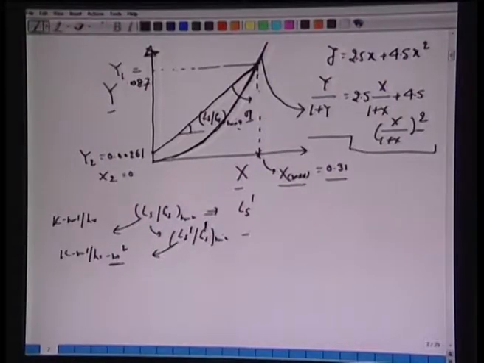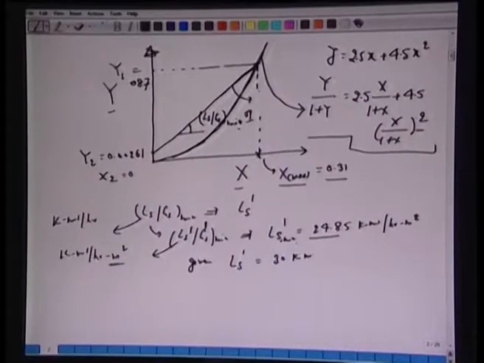So from here we can calculate Ls prime as 24.85 kilomole per hour per meter square. So this is the minimum solvent flow requirement corresponding to this minimum slope. All right, but given is Ls prime equals 30 kilomole per hour per meter square.